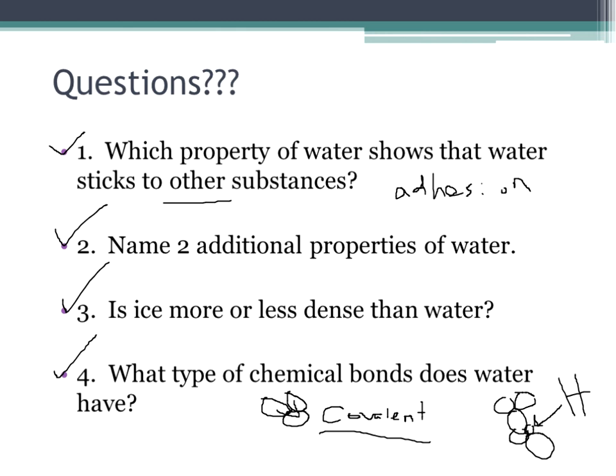And one last question. Which one is stronger, covalent or hydrogen bonds? Which one is stronger of a bond, 20 times stronger? Is it covalent or hydrogen? Which bond is stronger? I'm seeing mixed results.